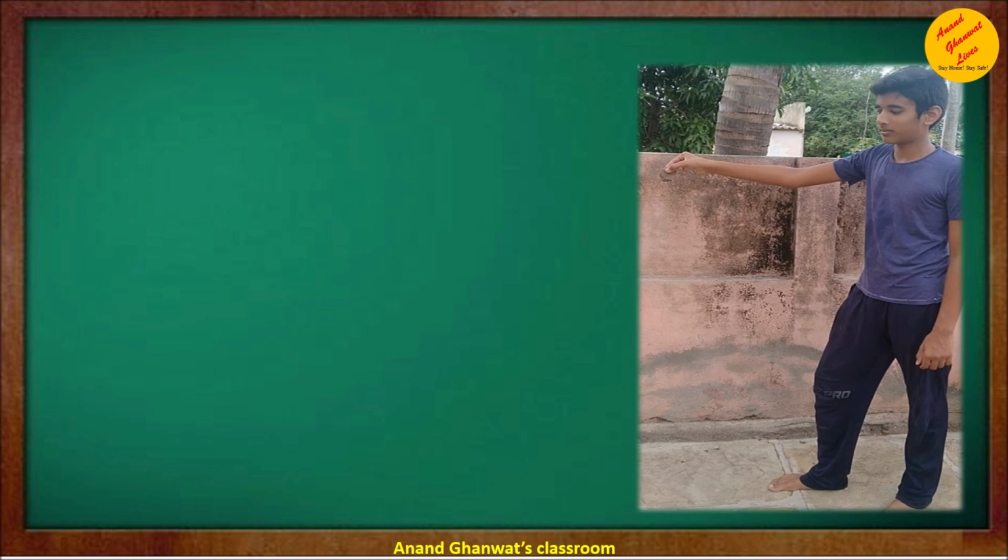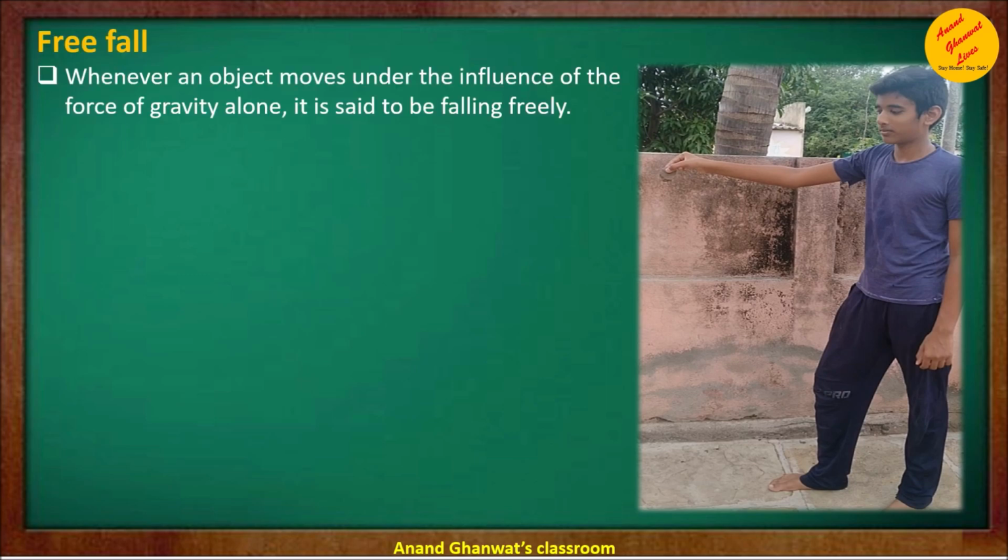Let us learn about free fall. Whenever an object moves under the influence of only gravitational force, it is said that the body is falling freely, or the body is in free fall.